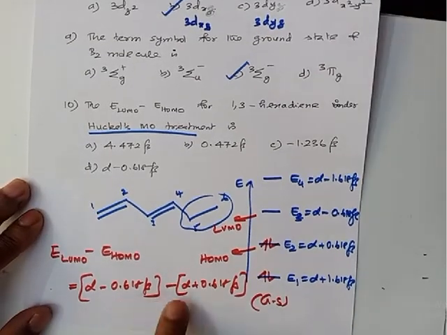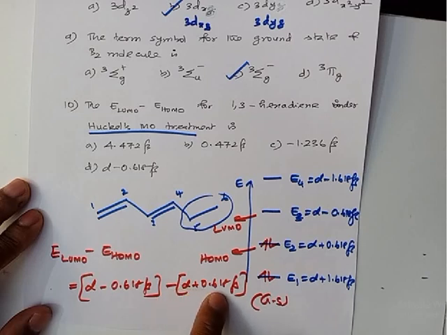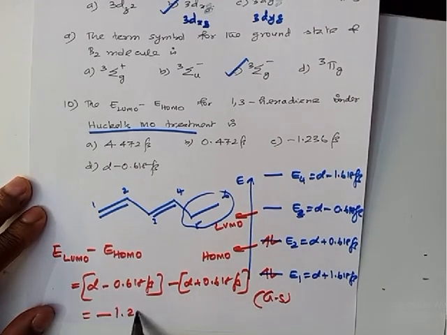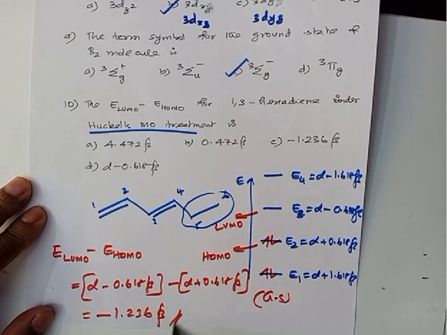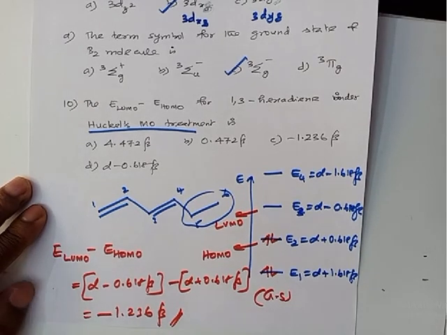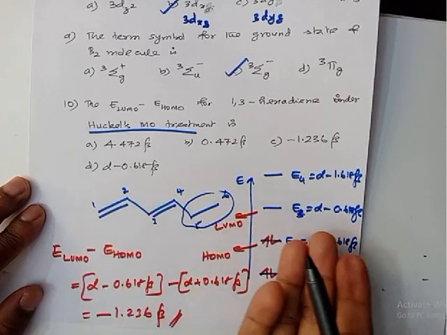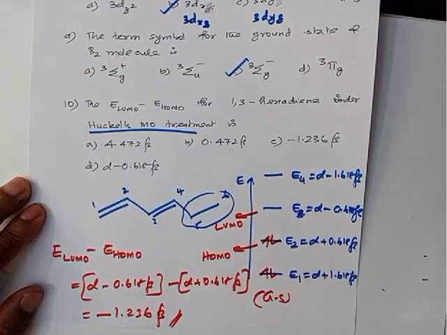If you see, alpha minus alpha cancels, minus 0.618 minus 0.618, if we add, you will get minus 1.236 beta. This is the HOMO-LUMO gap present in 1,3 hexadiene as per Huckel treatment.